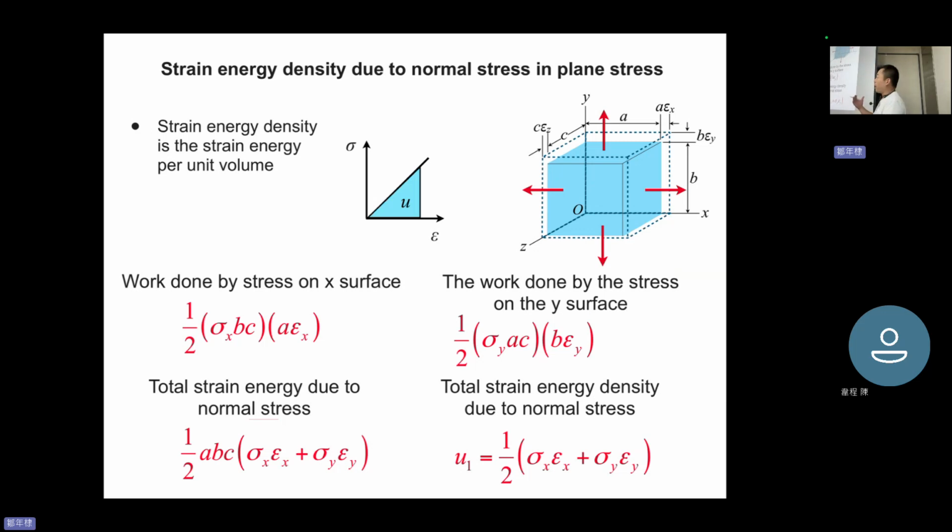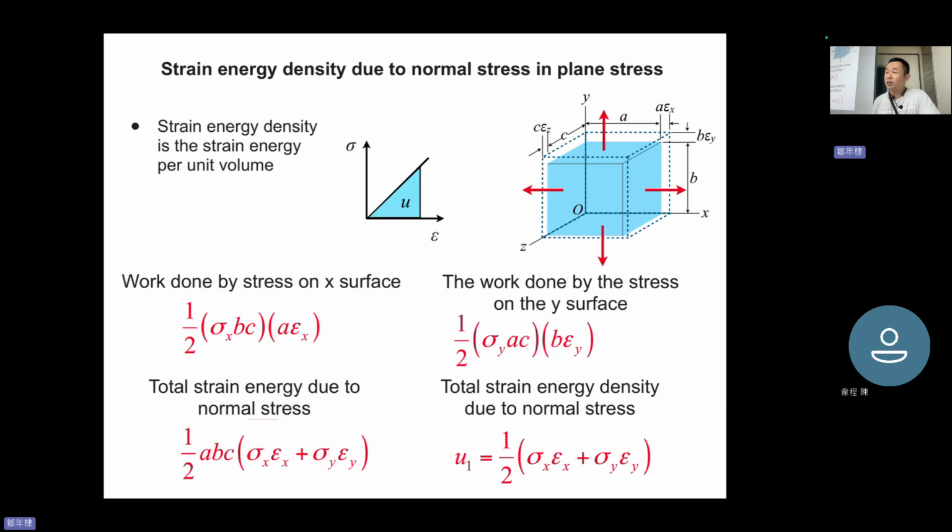or epsilon 2? Why? Because if you have the epsilon, which means that you have displacement. If you have displacement, which means that your load times the displacement has energy stored in your material, right? So we are going to talk about strain energy density due to the normal stress, in-plane stress. Okay, strain energy density is the strain energy per unit volume.